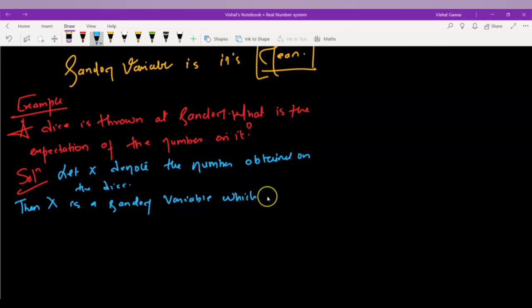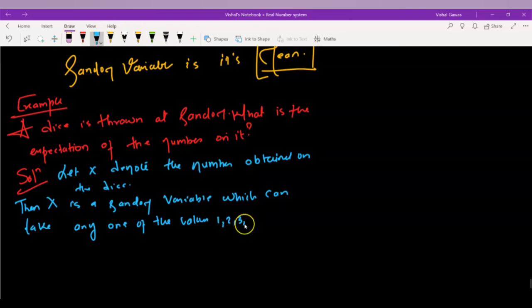Random variable which can take any one of the values 1 2 3 4 5 6, right?